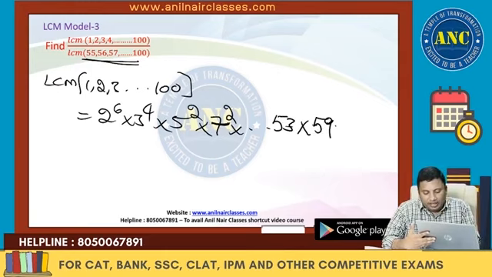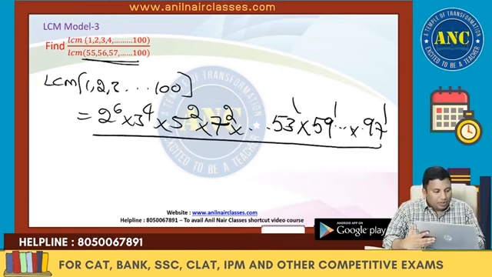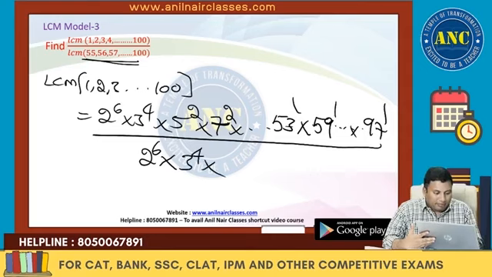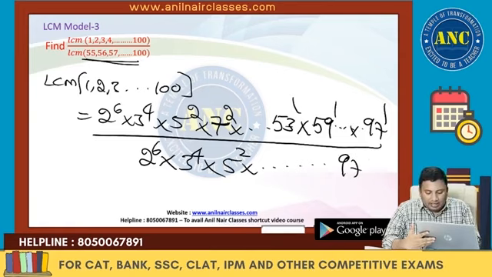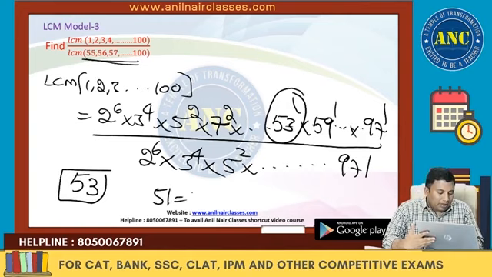The remaining are 59 power 1 and so on up to 97 power 1, divided by 2 power 6, 64, it will come, 3 power 4, 81, it will come, 5 square 25, it will come, till 97 power 1. What is missing? 53 is missing. 51 is not a prime number.